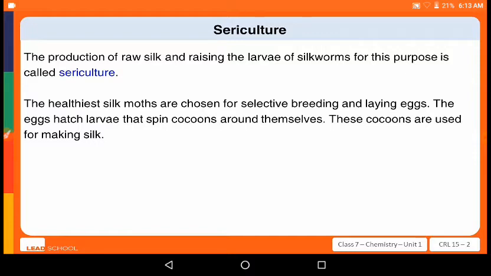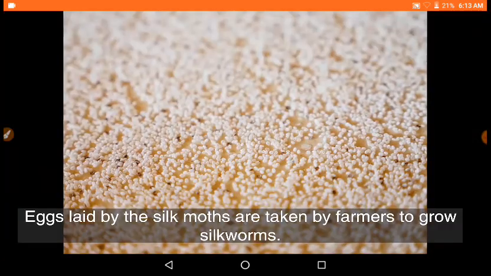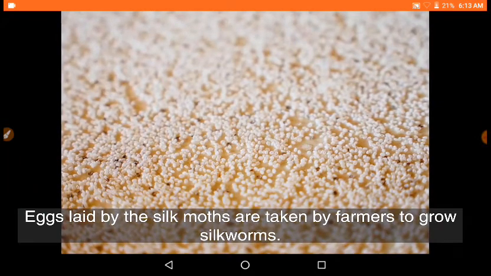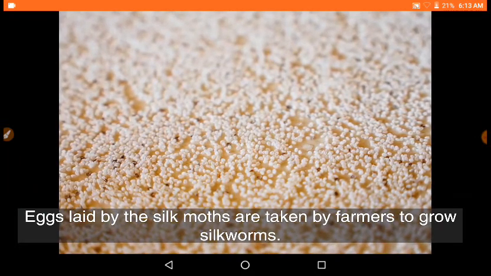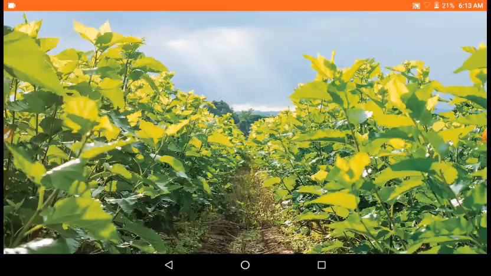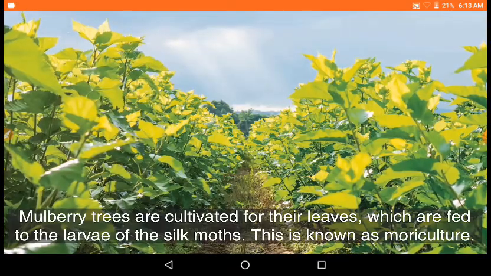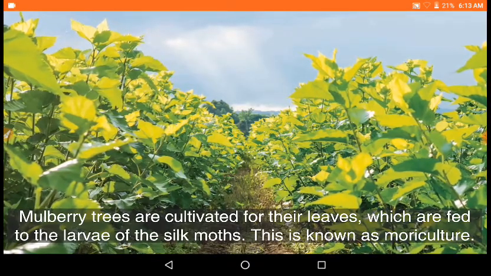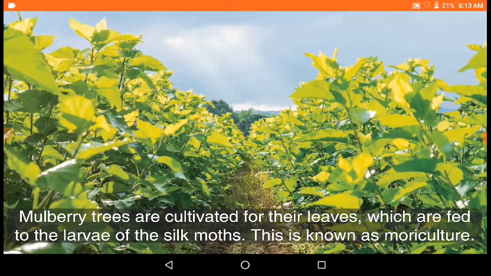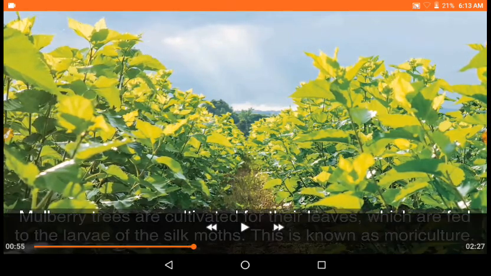These cocoons are used for making silk. Let's find out how. Eggs laid by the silk moths are taken by farmers to grow silkworms. Mulberry trees are cultivated for their leaves, which are fed to the larvae of the silk moths.